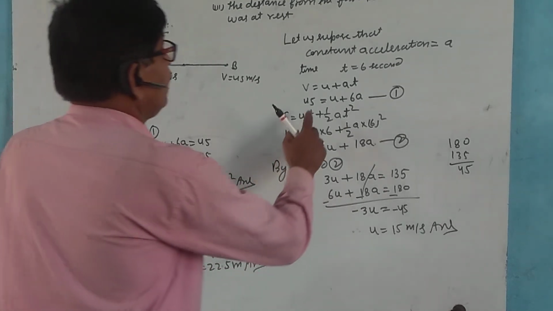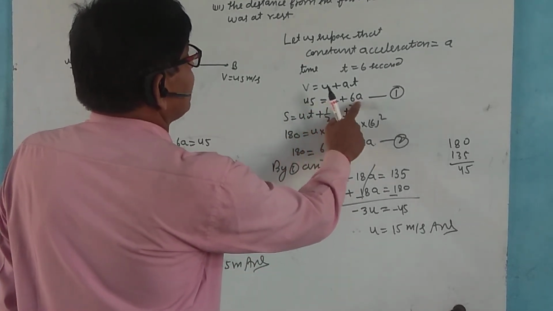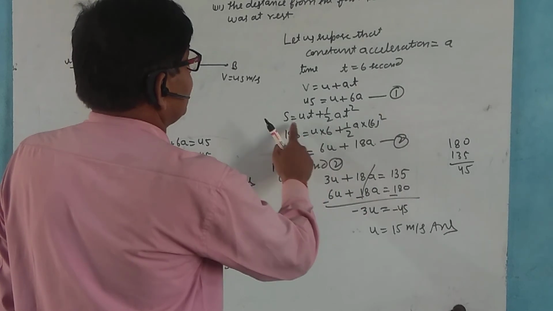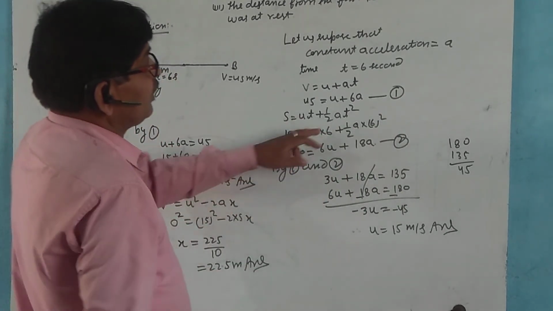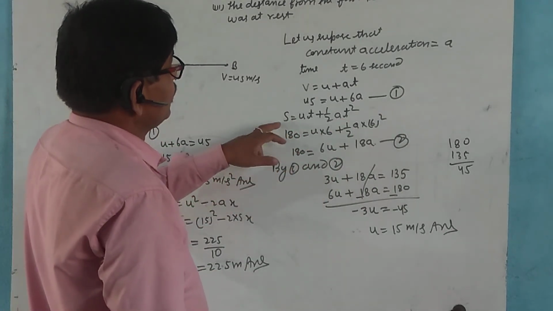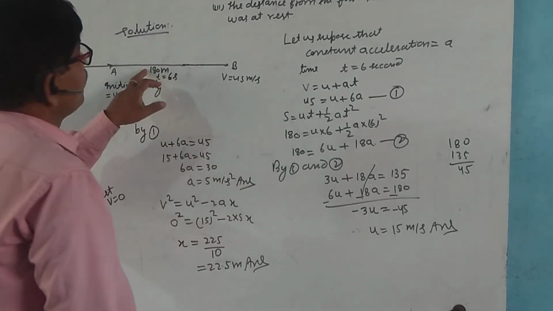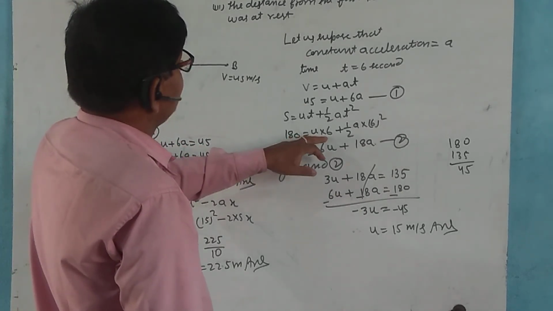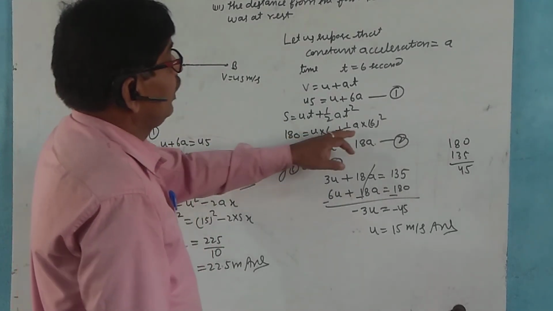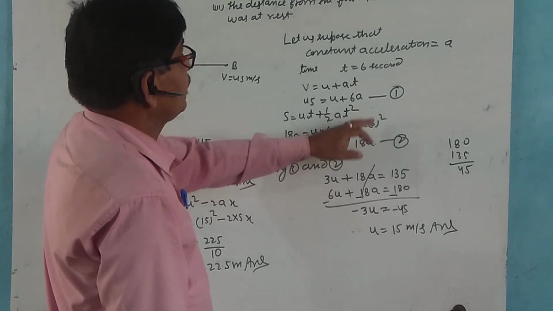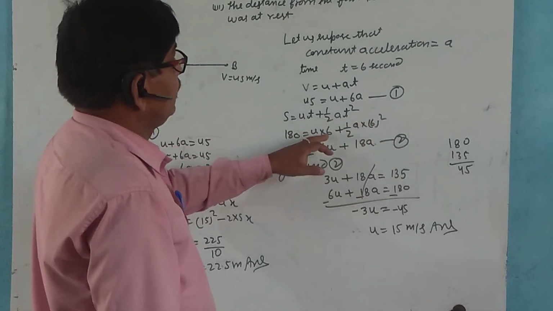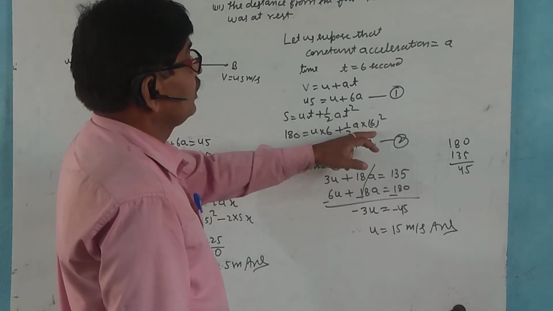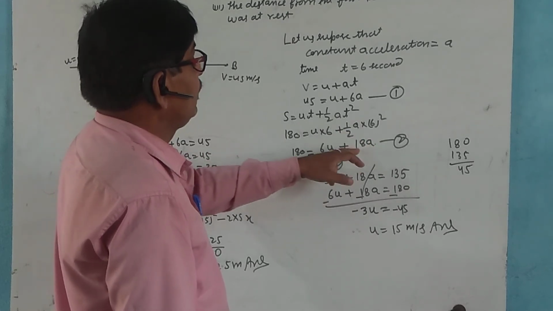Now here 45 is equal to u plus 6a, relation first, and s equal to ut plus half at square, putting the value of s equal to 180 meter and t equal to 6 seconds, 180 equals 6u plus half a into 6 square, that is 6u plus 18a.